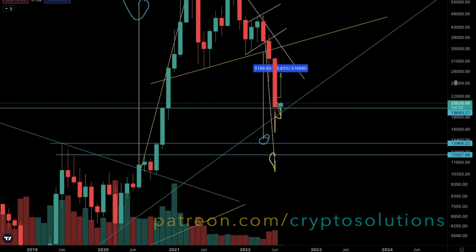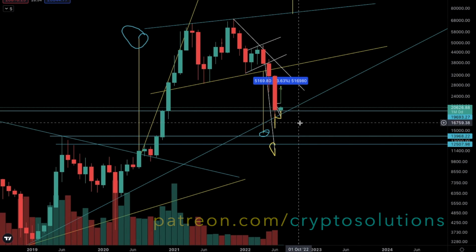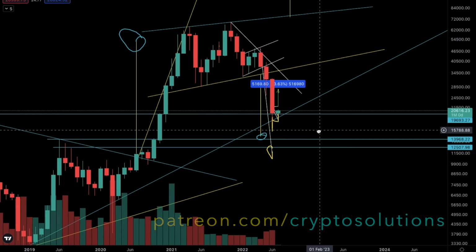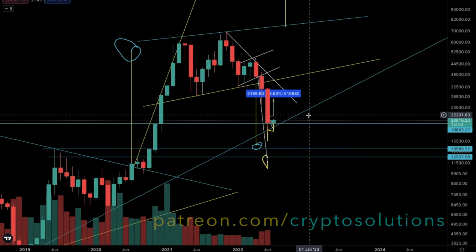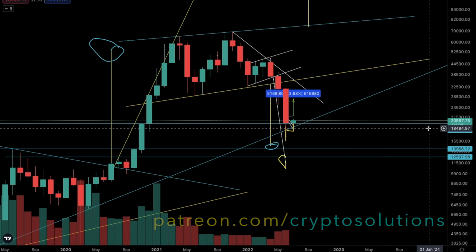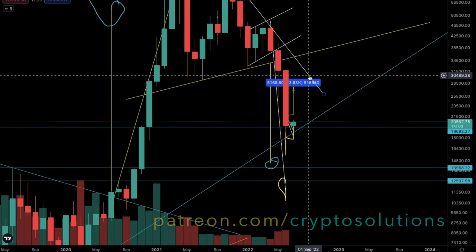So that's what I'm seeing at the moment for the Bitcoin price. This is like another complete overview of the most recent price action for the next months and potentially years at the moment.